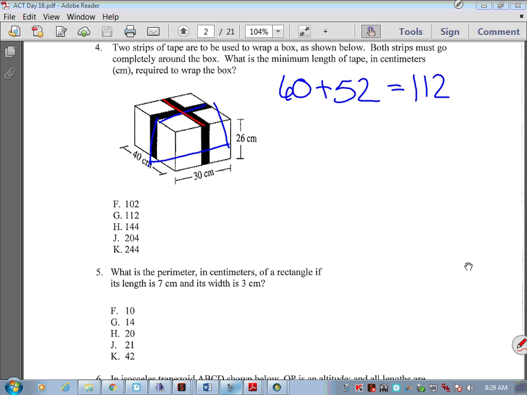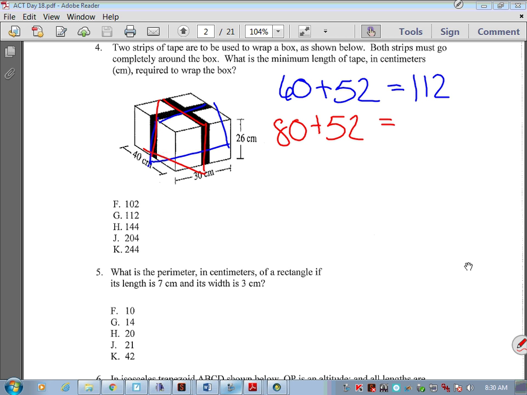So there is 40, and it's going to go down 26, 40. So I should get 80 plus 52, is that right? Okay, so where's the 52 from? 26 and 26. 26 and 30. No, oh yeah, okay, because the height is still the height, right?